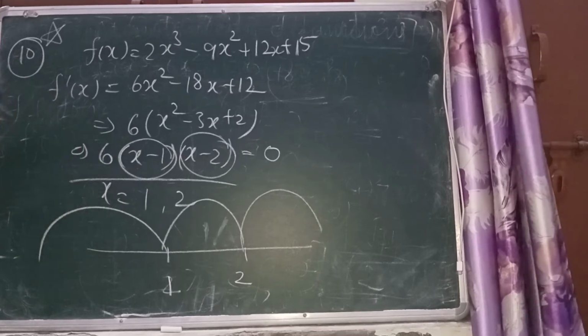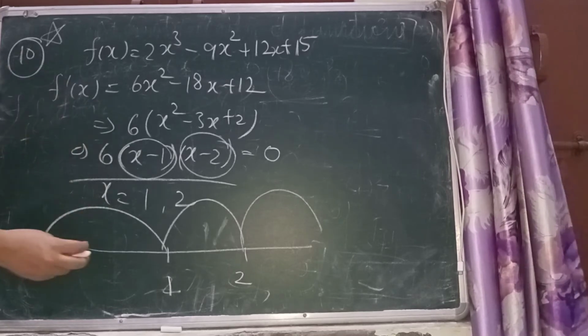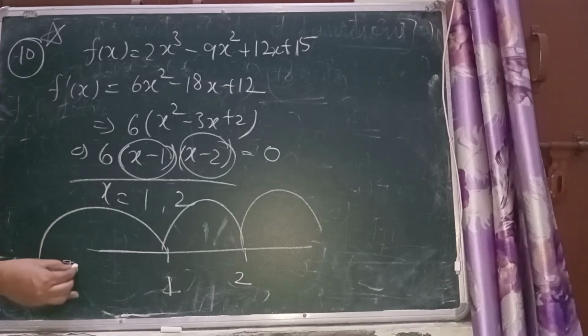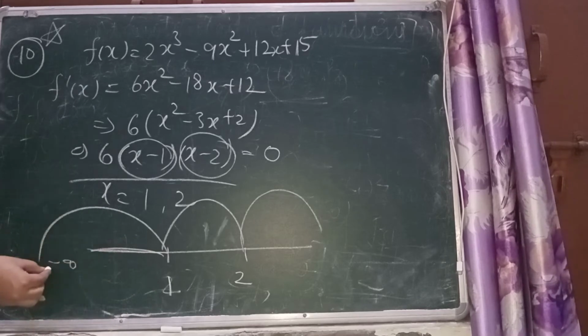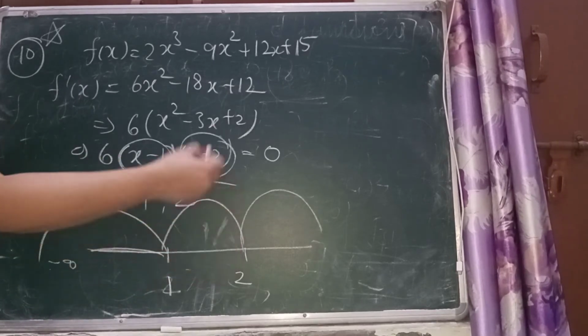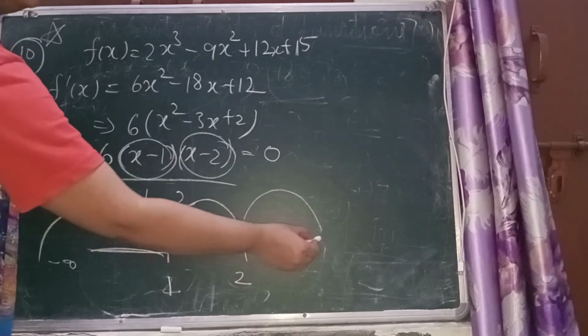First of all, I will select 3 intervals. The first interval is minus infinity to 1. Another interval is 1 to 2, and the third interval is 2 to infinity.